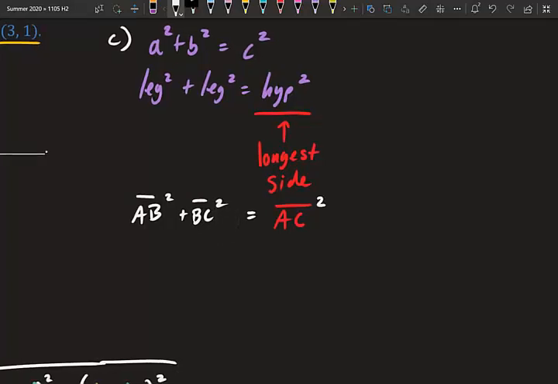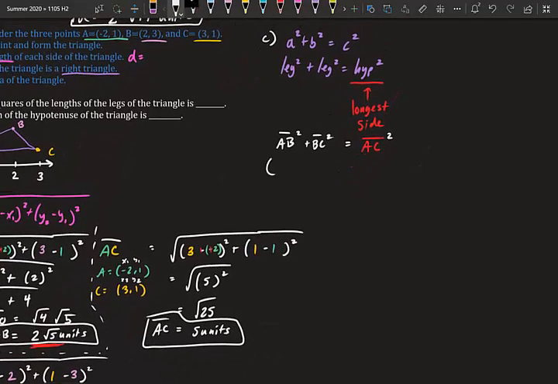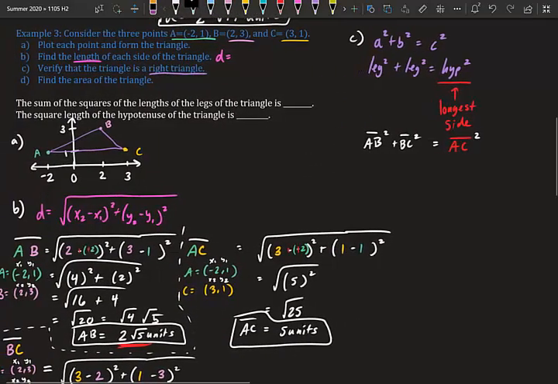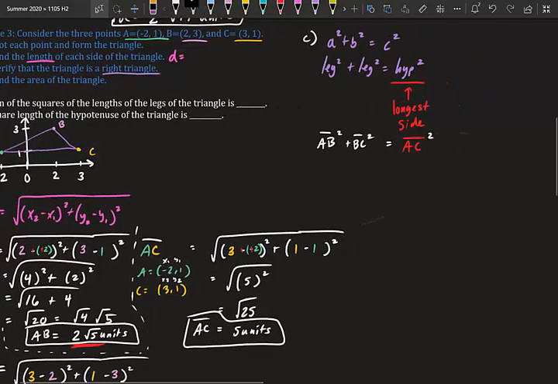So that's the formula that we're going to use for this specific triangle: AB squared plus BC squared equals AC squared, because AC is the longest side. We know AB was 2 square root of 5. Now, I don't want to use that simplified version. When we're plugging into the Pythagorean theorem, use just the radical, so square root of 20.